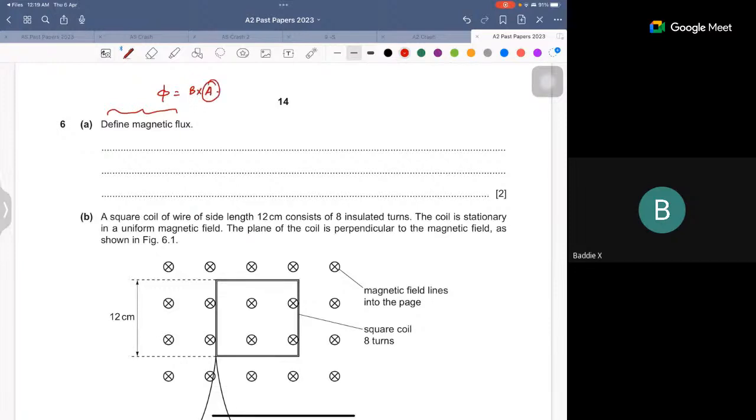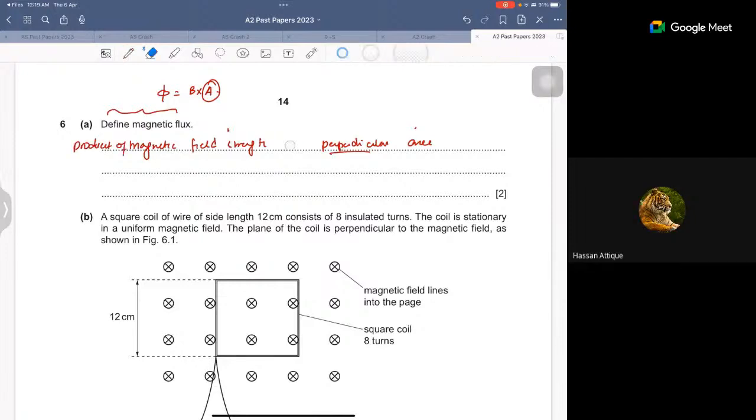So I would just define this and say magnetic field strength times perpendicular area, although the definition is the product of this. If you write perpendicular, I think that's fine. You get 2 marks: 1 mark for writing magnetic field times area, and it has to be perpendicular.